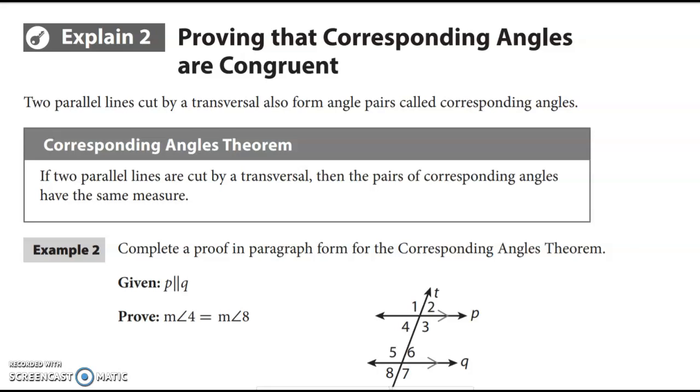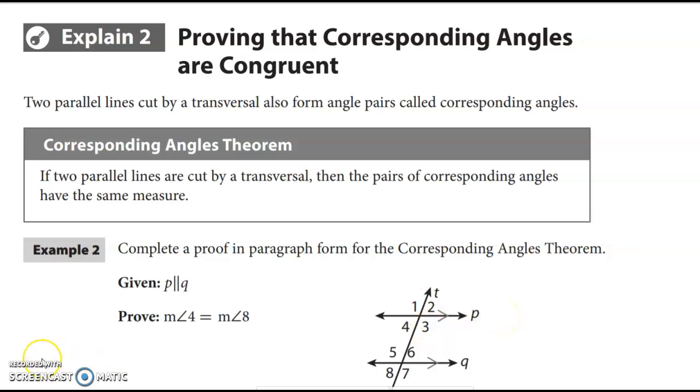It can't just be any 2 lines cut by a transversal. Those lines have to be parallel in order for us to have equal corresponding angles. So if we knew the measure of one angle, like angle 2 in this case, we will know how to find angle 6, and then a whole bunch of other angles as well. But 2 and 6 are corresponding. Because these lines are parallel, then they'll be equal.